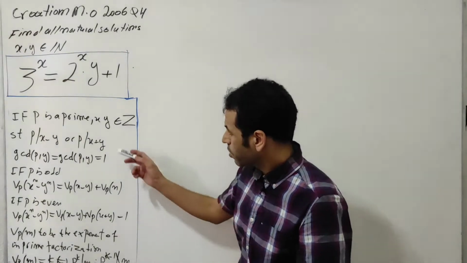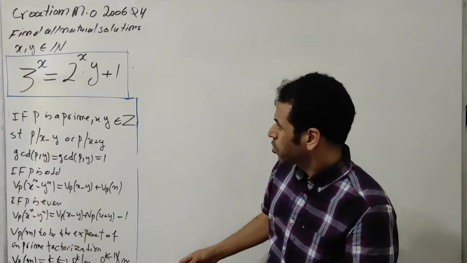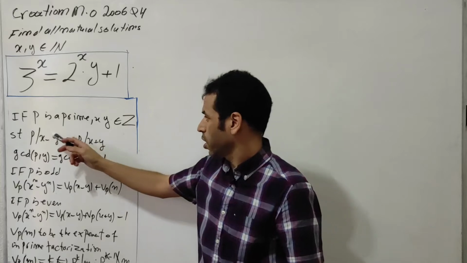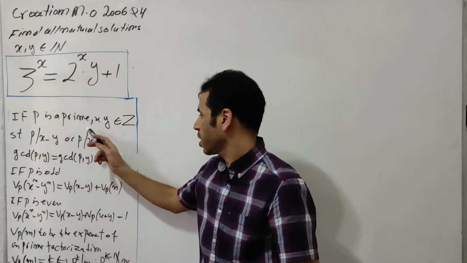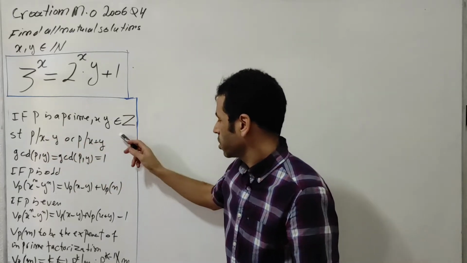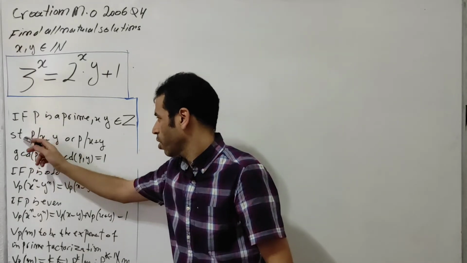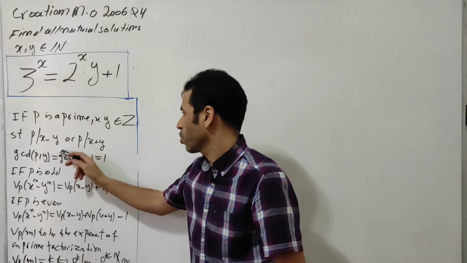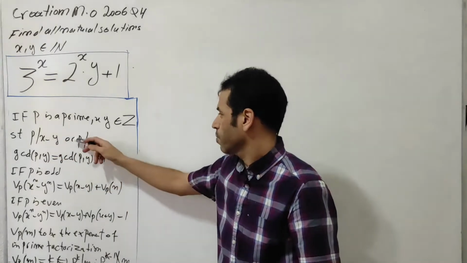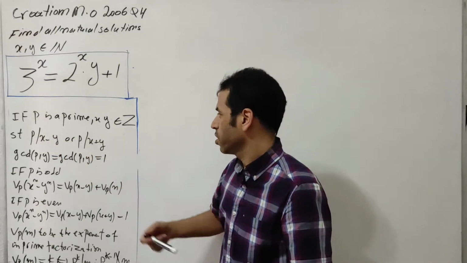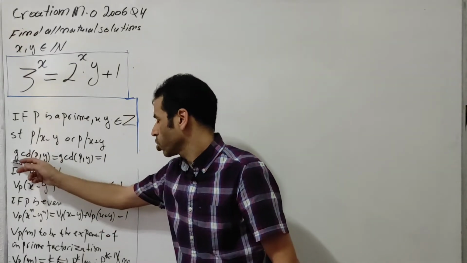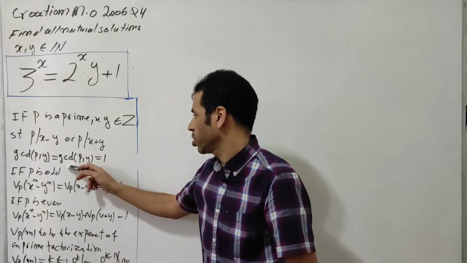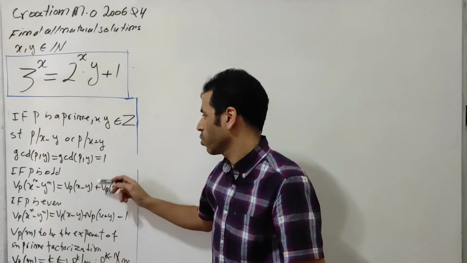So the hint that I'm trying to give to this problem: we are going to use a very strong and useful lemma called lifting the exponent. If p is a prime, x and y are integers, such that the prime p divides the difference of x and y, or the prime divides the sum of these integers, and also GCD of p and y equals number 1.